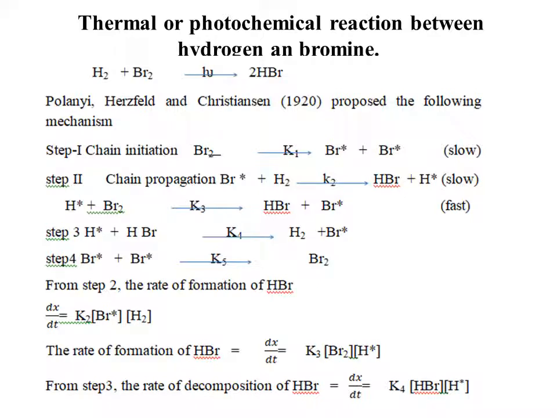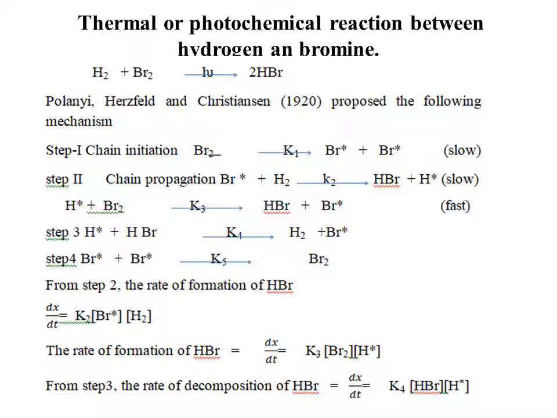Dear students, hydrogen and bromine react in the presence of sunlight to form 2HBr, that is H2 plus Br2 gives 2HBr.